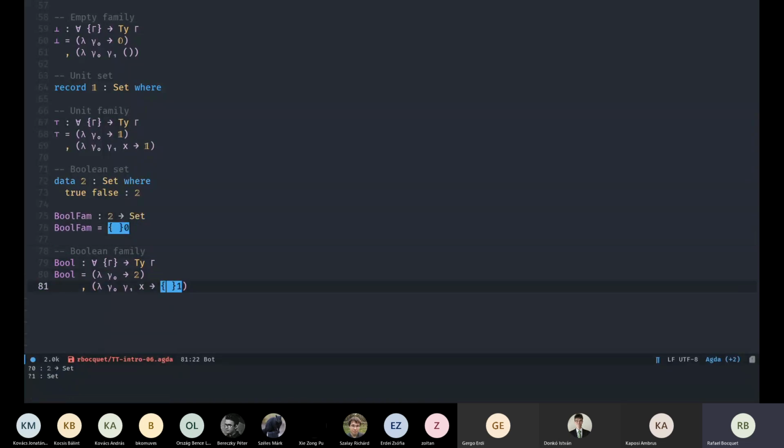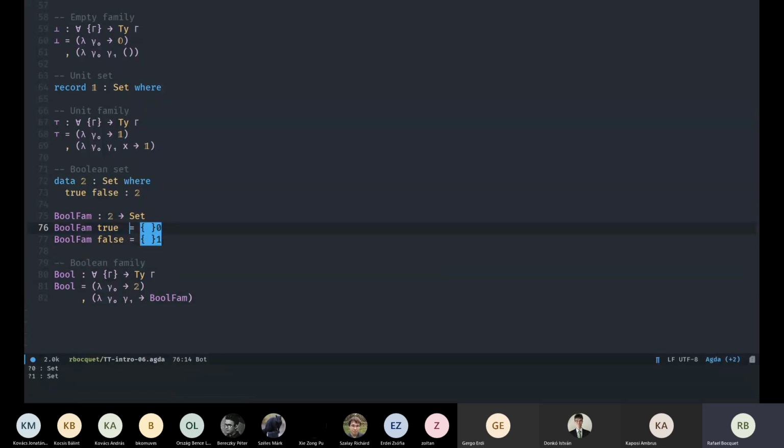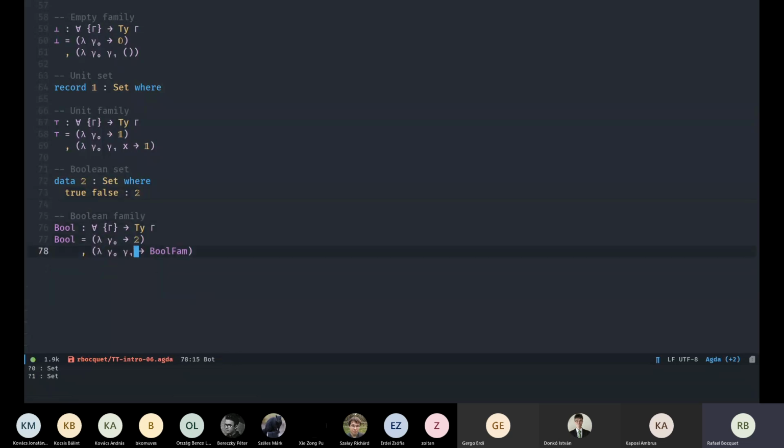Okay, and it does not depend on the context gamma. Well, actually, this family is defined to be, well, we don't need to depend on x because we can just define it to be constantly 1.